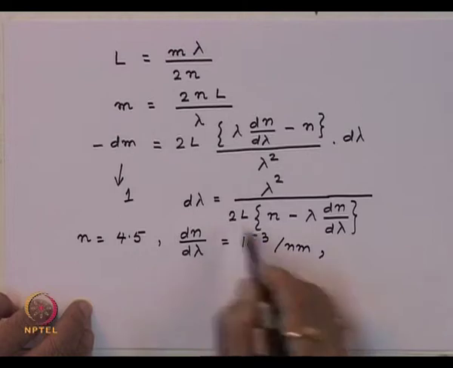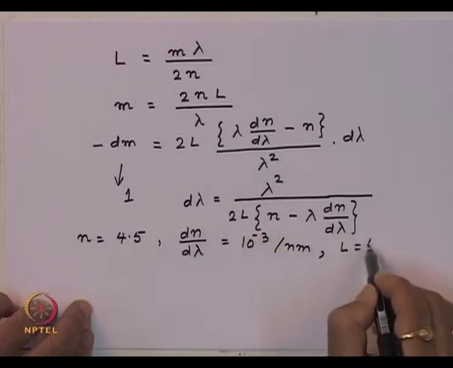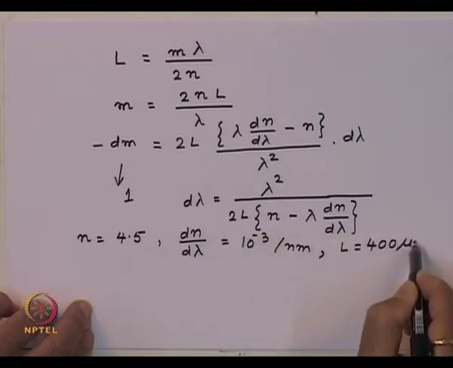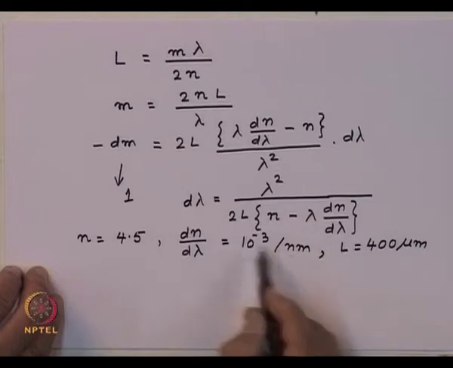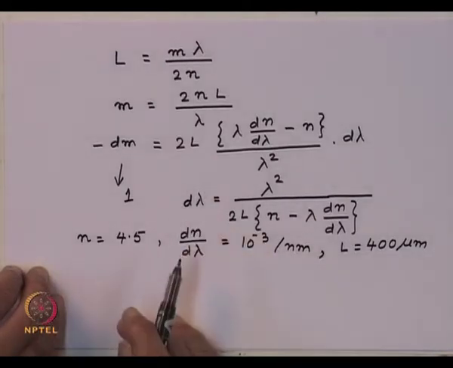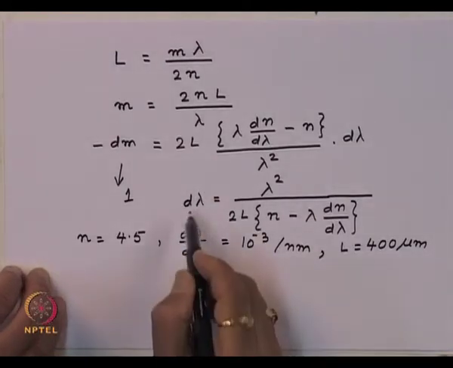The L, which is the length of the cavity, is given as 400 micrometer. So, all the parameters are known now.